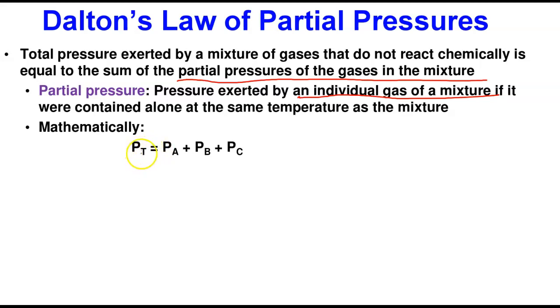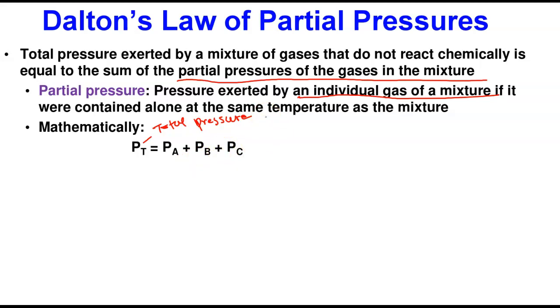Mathematically, PT means the total pressure, whereas PA, PB, and PC represent the individual gas pressures of the other gases. So let me try to represent that.